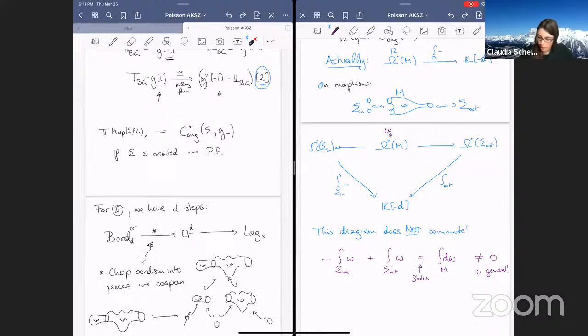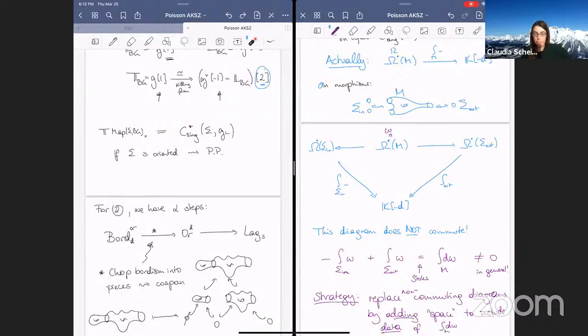Well, our strategy is that we add space to include the data of this homotopy. In this case, it's this integral over dM.